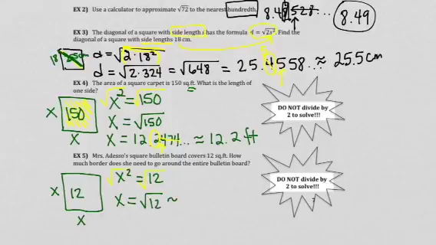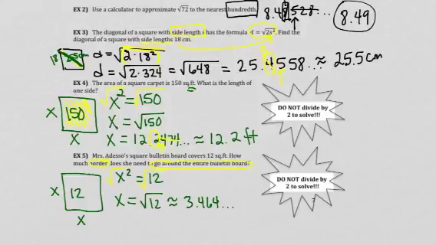Please plug that in. You're getting approximately 3.464, etc. So that is an irrational number, but now we need to make sure that we read this. It says she needs border that goes around the entire bulletin board.